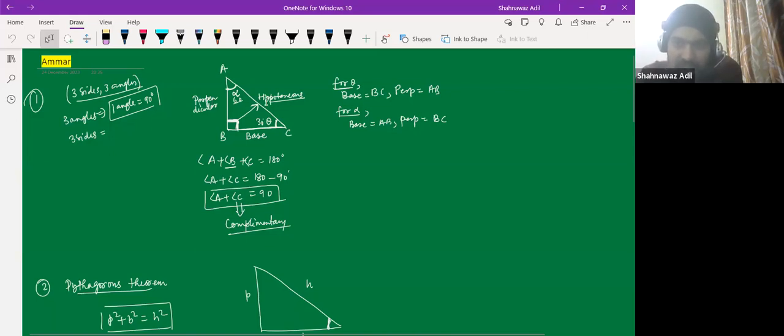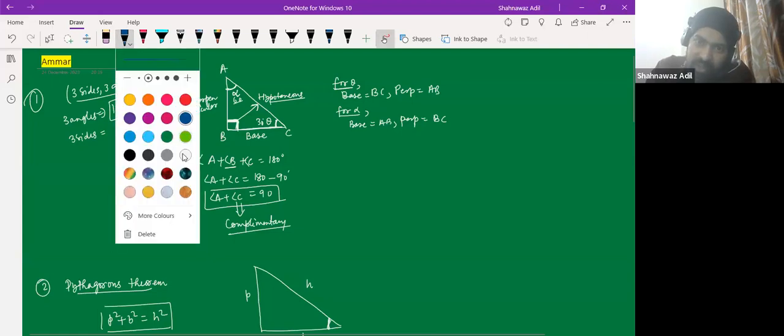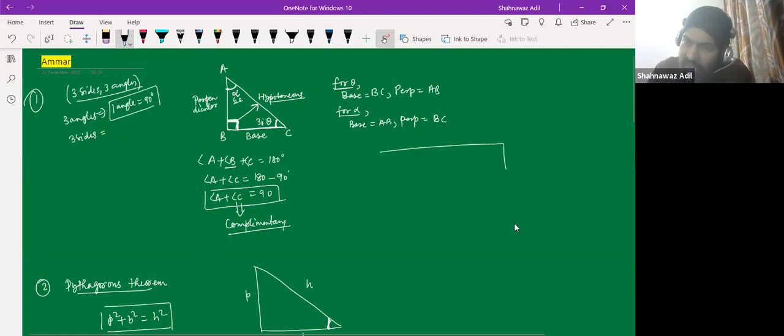The hypotenuse you can easily identify, that would always be opposite to the 90-degree angle. Whenever I give you any triangle, let's say I give you this triangle, can you tell me what is the hypotenuse in this triangle?